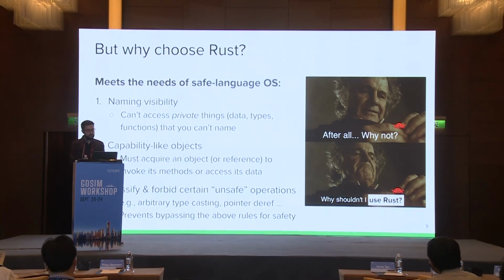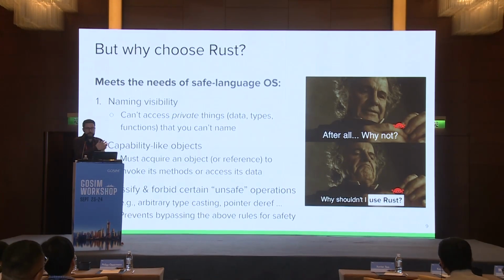But basically, we want to prevent the ability of the code that you're running in your trusted operating system environment from doing things like arbitrarily reinterpretively casting a type into another type, dereferencing pointers, something like that. Because if we allowed that, then that would make all of these rules from the above 2 points useless. Right? So we can't allow that.